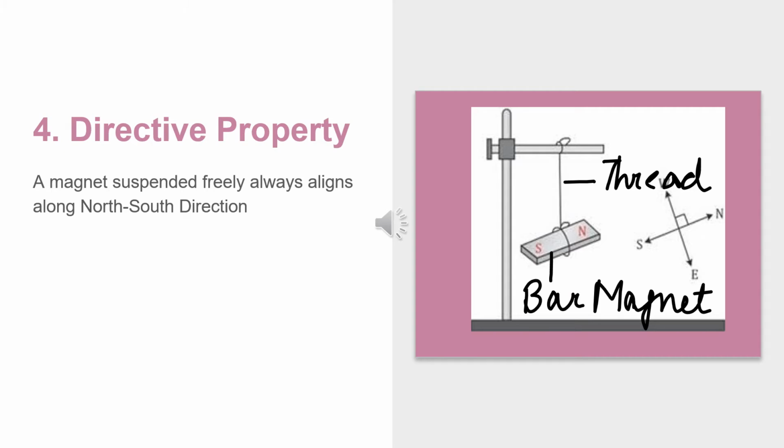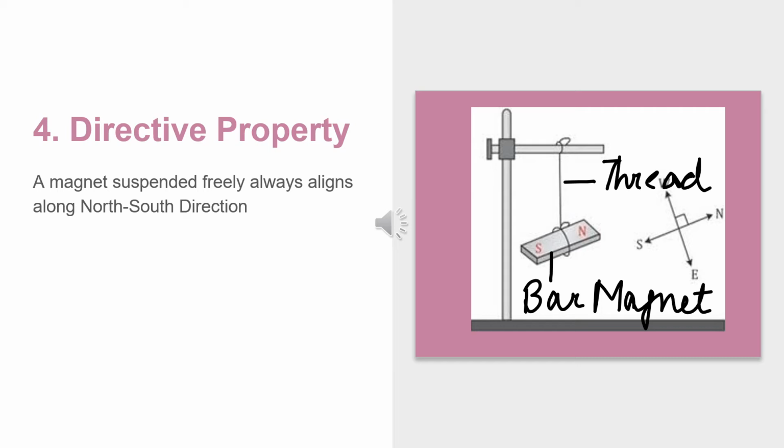The next property is very important. It is called the directive property, as the name suggests, showing the direction, right? The Chinese found it. In their kings' chariots, they used to put this magnet-like substance, and it always pointed in a certain direction, which was north. It was later found out that this magnet has a special property.